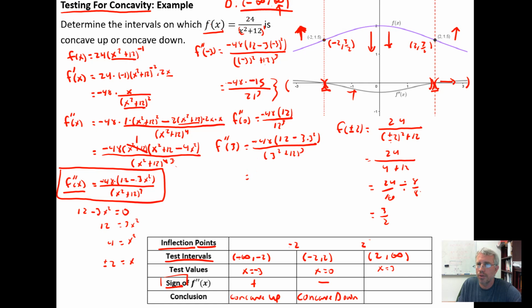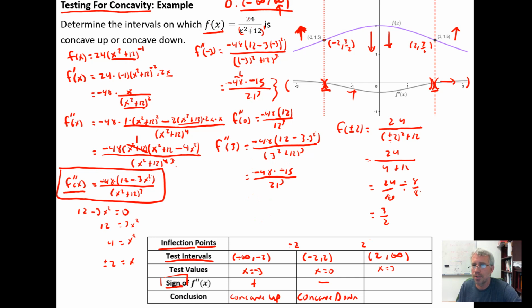That equals negative 48, just like I had here. And then 3 times 3 squared is 27. 12 minus 27 is still negative 15, like it was here, divided by 3 squared is 9 plus 12 is 21 cubed, just like I had here. And so I'm going to come to the same conclusion.